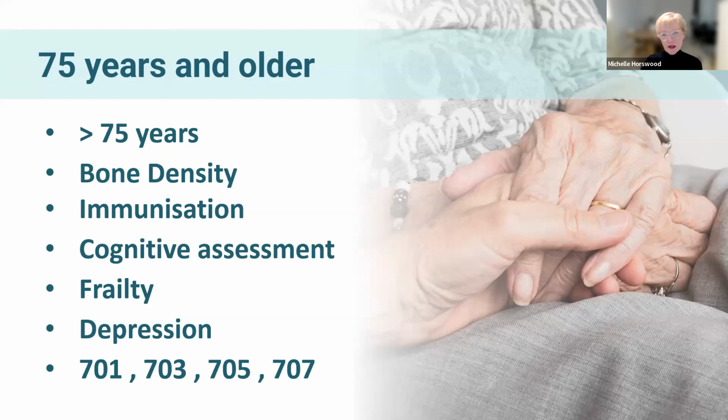Are they at risk of fractures? Are they under-immunized? Particularly for this group, think about, have they had a dose of Prevnar 13, which everybody should have had after the age of 70. Just to have your brain thinking about those sorts of things, as well as the things on the list.